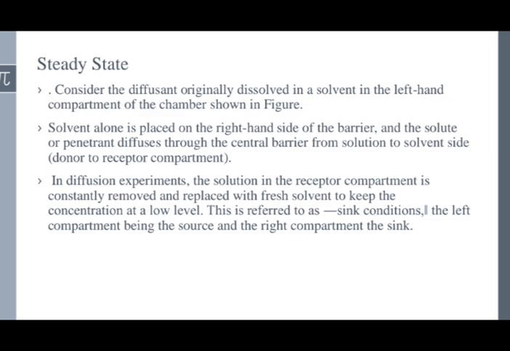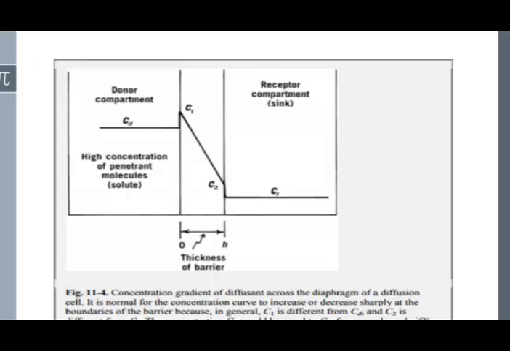In diffusion experiments, the solution in the receptor compartment is constantly removed and replaced by fresh solvent to keep the concentration very low. This is referred to as sink conditions, the left compartment being the source and the right compartment the sink.